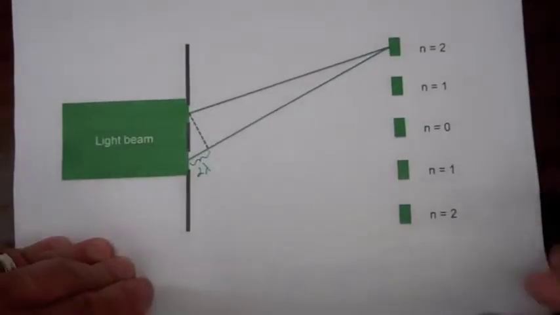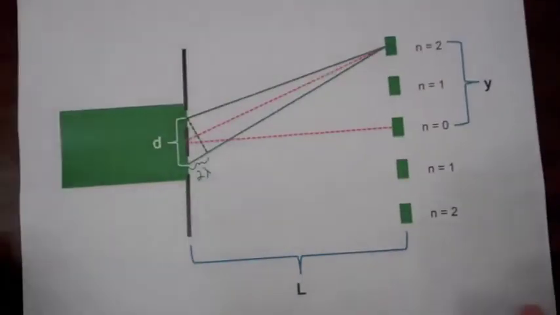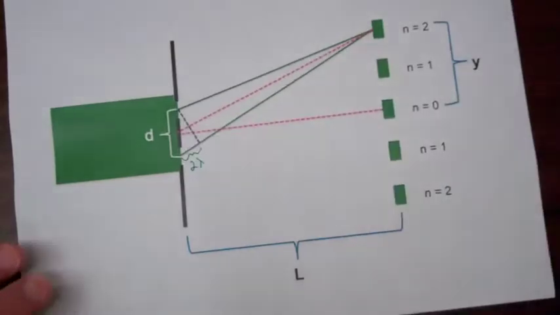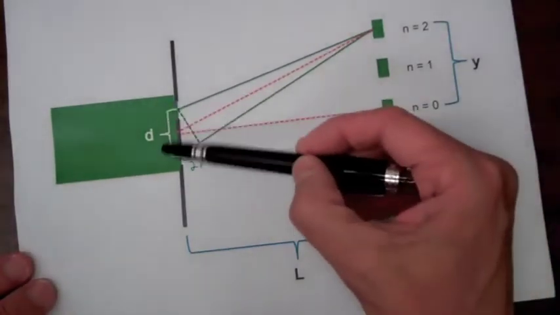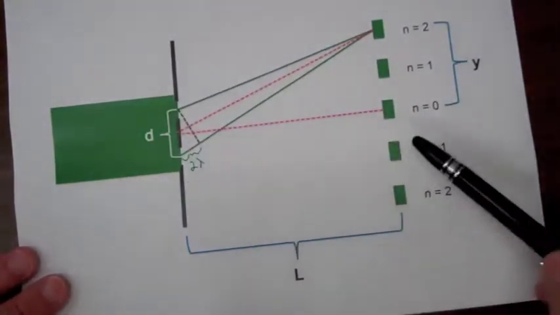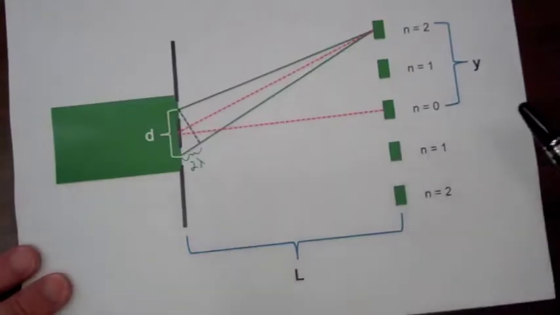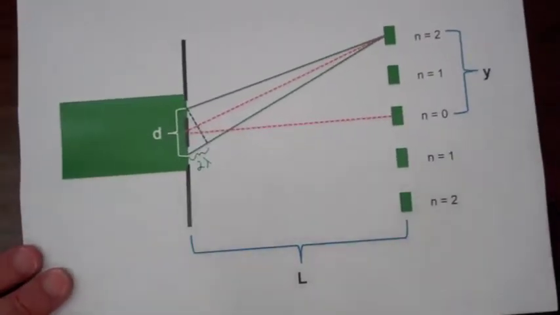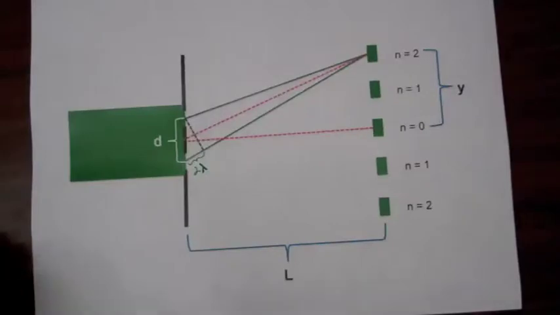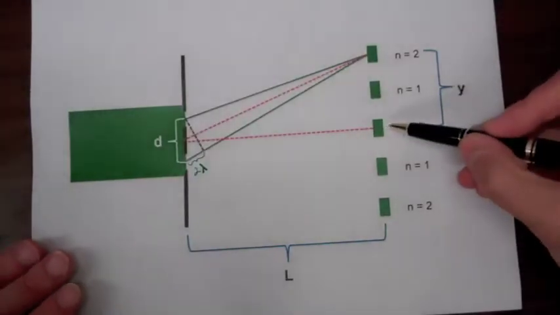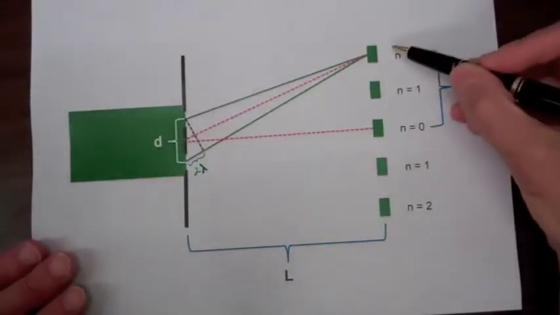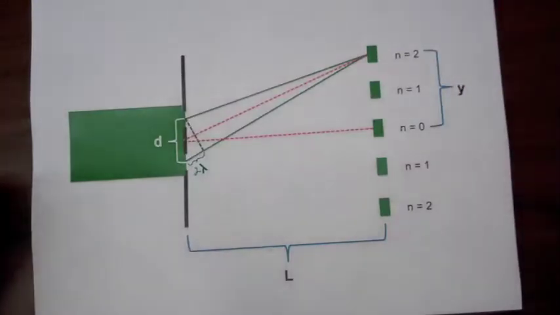In the experiment, the spacing between our slits is going to be less than 1 millimeter, and we'll call that spacing d, and the distance to our screen is going to be several meters, and we're going to call that distance L. And the distance from the 0 order to nth order interference fringe we're going to call y.